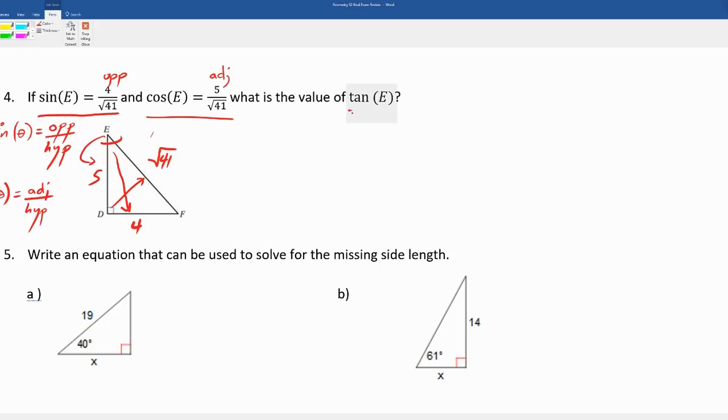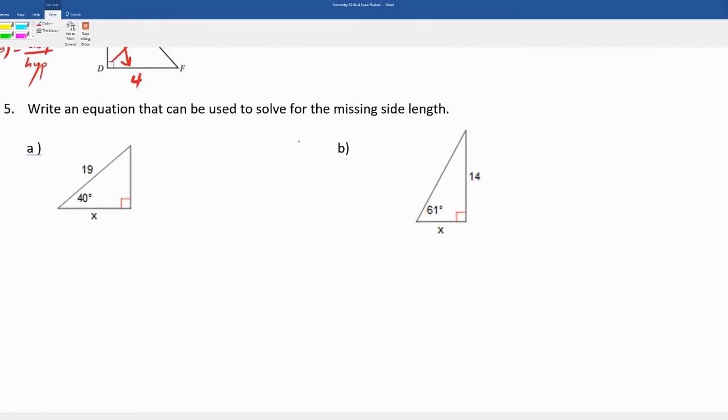So the tangent of E, we're still working with E, right? Tangent, if you remember, is the opposite over the adjacent. Our opposite of E is still going to be DF, which is 4. And our adjacent is going to be DE, which is 5. So there is tangent of E.